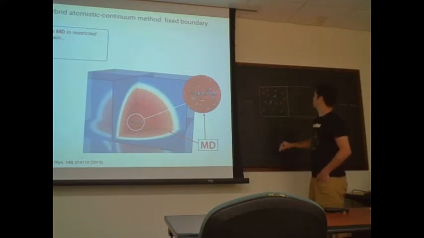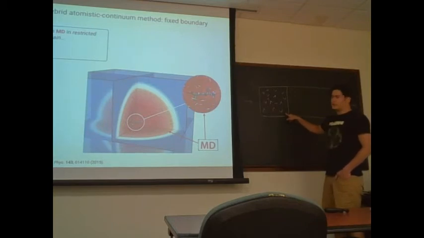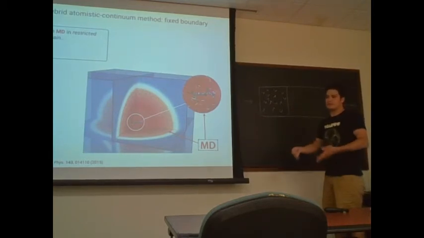Okay, it's not random enough. Okay, so let's say this is molecular. This is continuum. So whatever is happening over here, how do you transmit that information to this region? So how is it going to be captured? So we know since it's a continuum, it's going to have to be some kind of average, because that's what it is. You smooth over the details.